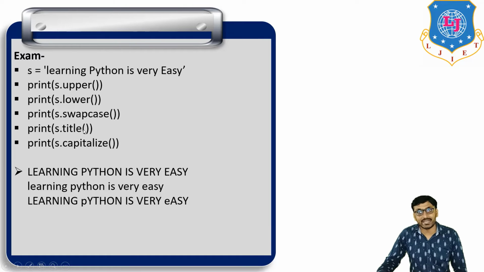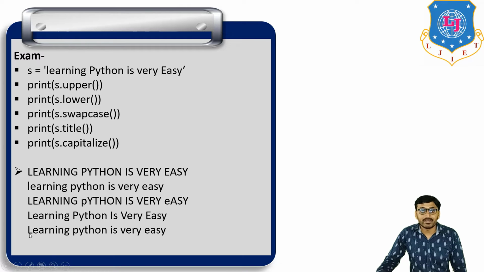Then S dot title. In this string, the first character of a word is uppercase and the remaining characters of the word are lowercase. So this is about the title function. And last, S dot capitalize function. Only the first character is uppercase and all remaining characters of the string are lowercase in the capitalize function.